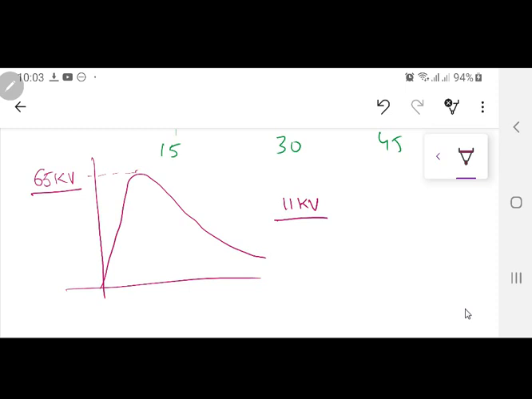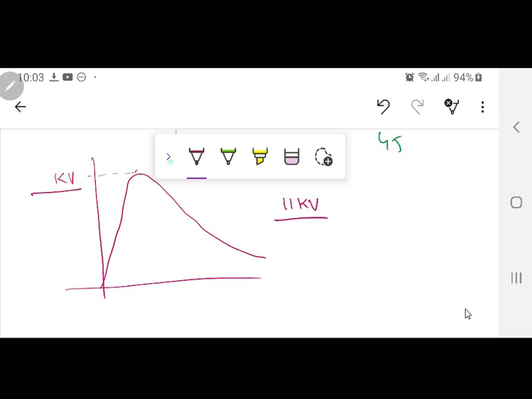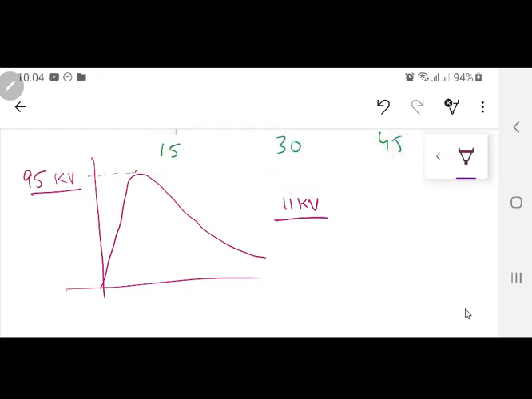The probability of a lightning strike on an 11 kV transformer is very small, but certainly it can strike the transmission line, and from the transmission line it can travel towards this transformer. So for the transmission line, this standard is 95 kV, and this 95 kV is designed in such a way that the rise time is approximately 1.2 microseconds, and the fall time is up till 50% of the value.